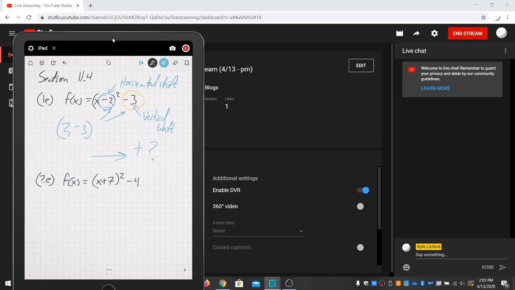Well, keep in mind, what I would say to students like this is just plug in values and see what happens. Anytime you're subtracting values from x, you move it to the right. Anytime you're adding values, you move it to the left. So really quick, if we had changed this to x plus 2 squared minus 3, then the vertex would have been (-2, -3).